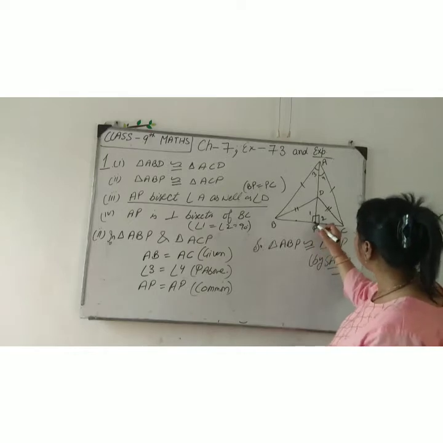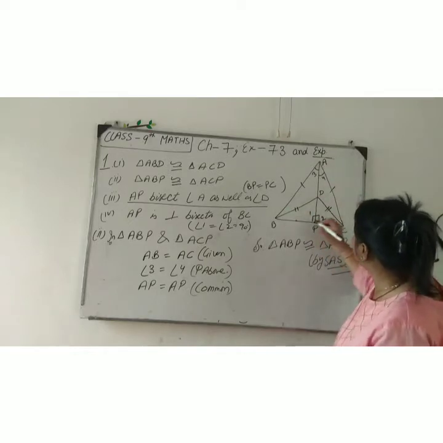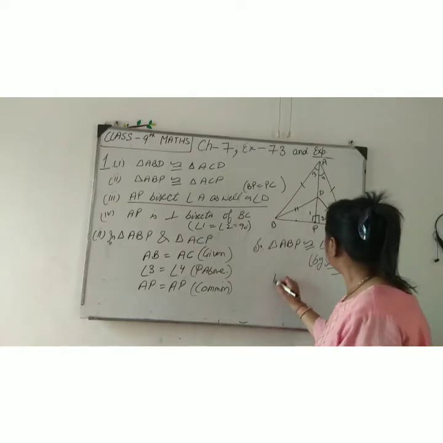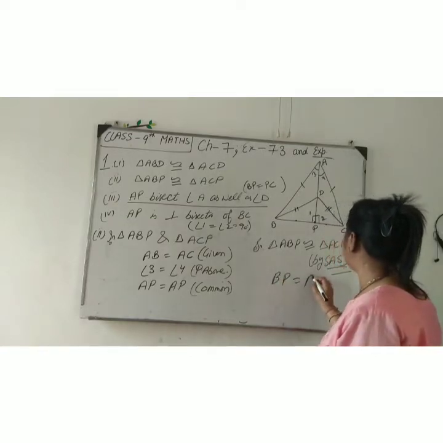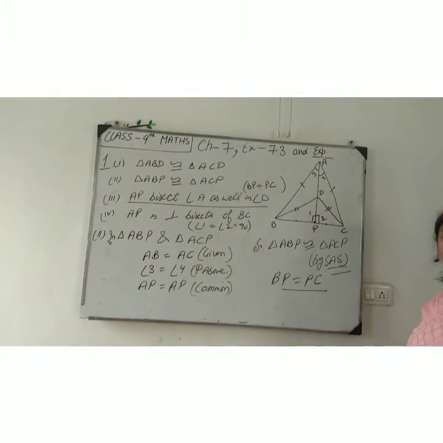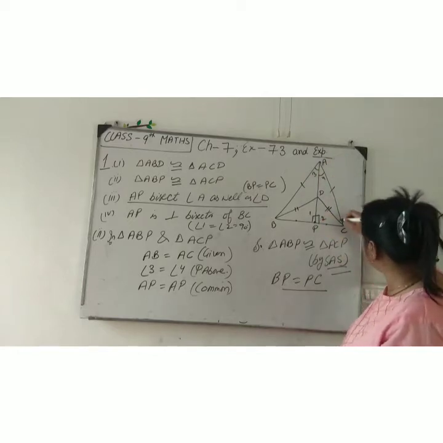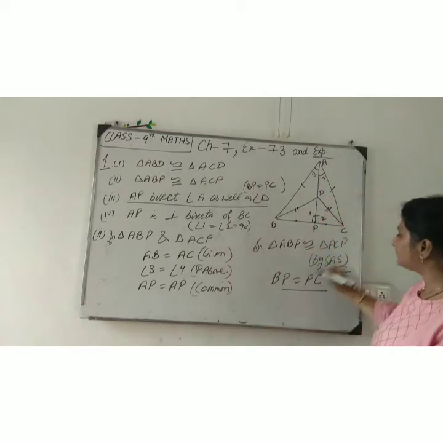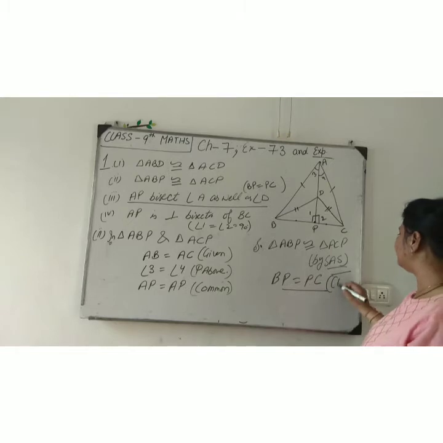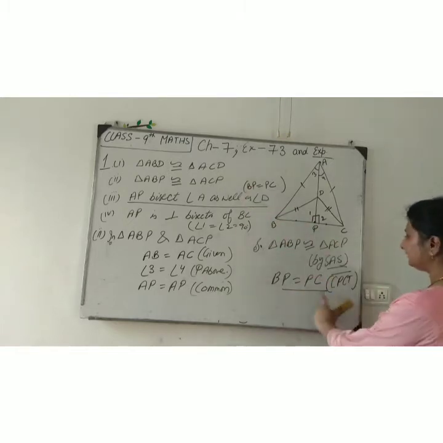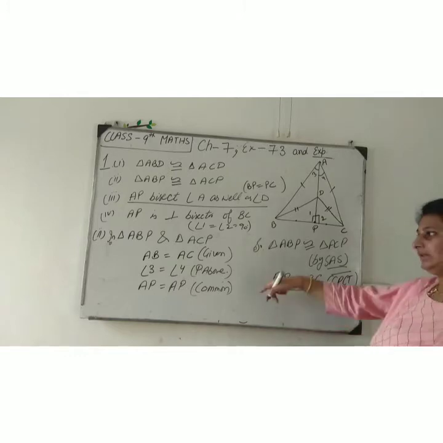It means if I prove ABP and ACP congruent, then BP equals PC. Am I right? BP equals PC because ABP is congruent to ACP, meaning corresponding sides will also be equal by CPCT. Here you can see the first, third point I have also done in part 2.